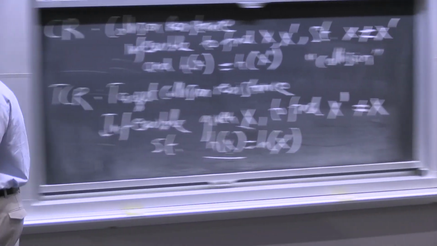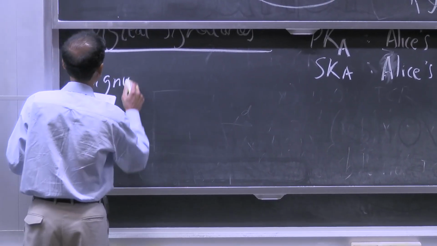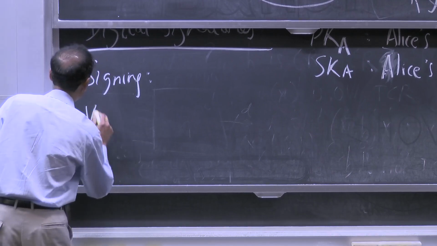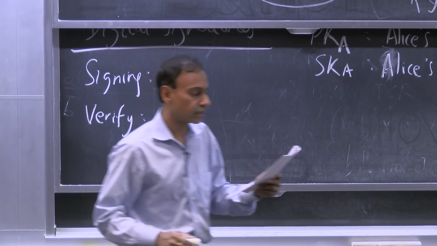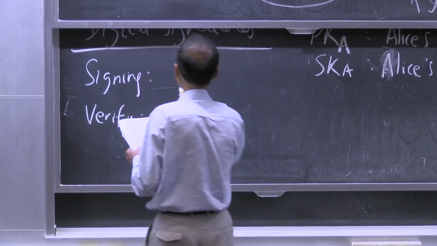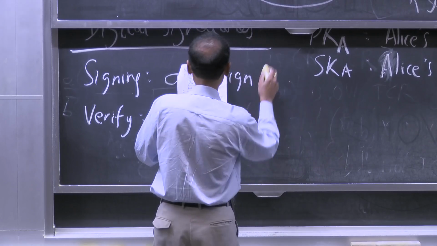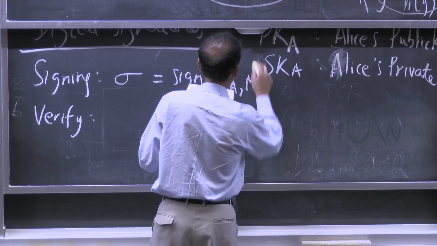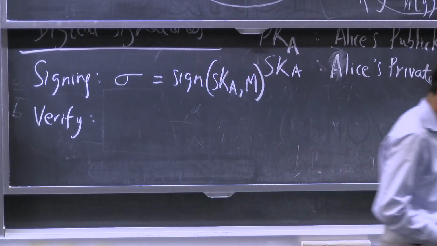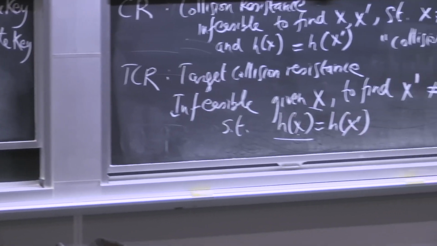And what digital signatures correspond to is that you have two operations. You have signing and verification. Signing means that you create a signature sigma that is the sign, using your private key, your secret key, of a message M. So you're saying, this is this message, it came from me, right?